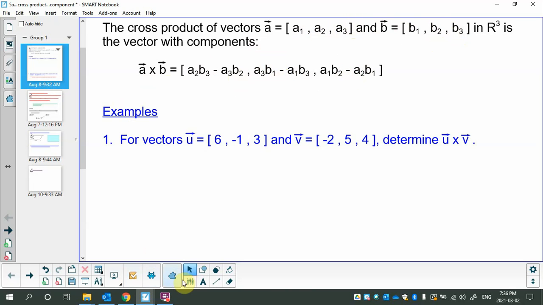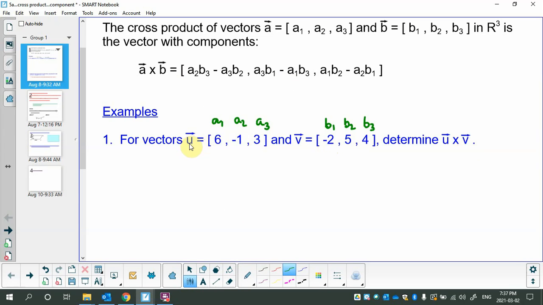So the first thing I'm going to do, because it makes me a little more comfortable, is call these things what they are according to the formula. I'm going to use green. This is my A1, this is my A2, this is my A3, this is my B1, this is my B2, and this is my B3, and I'm being asked to determine U cross V.